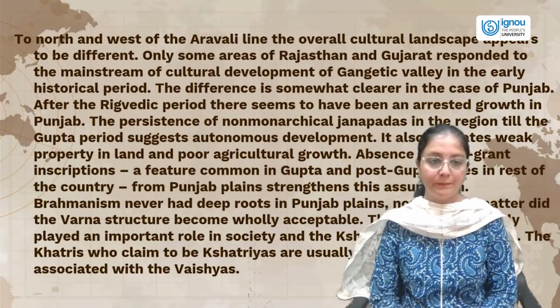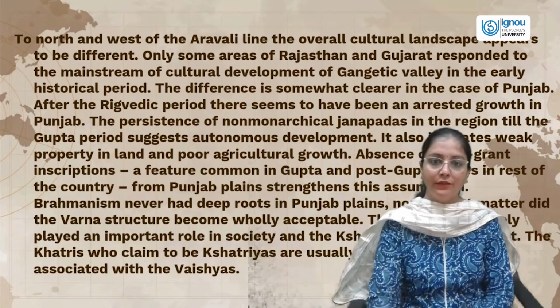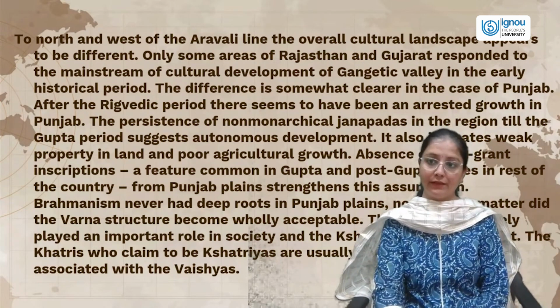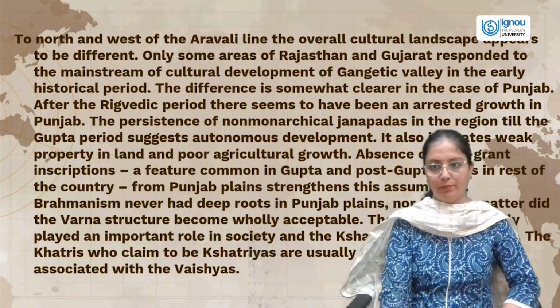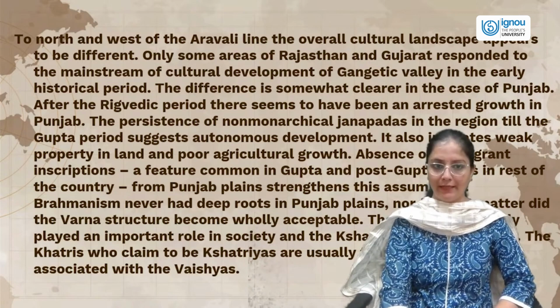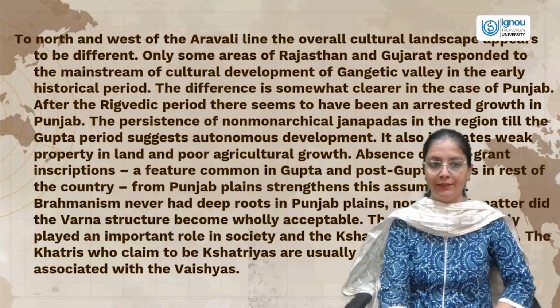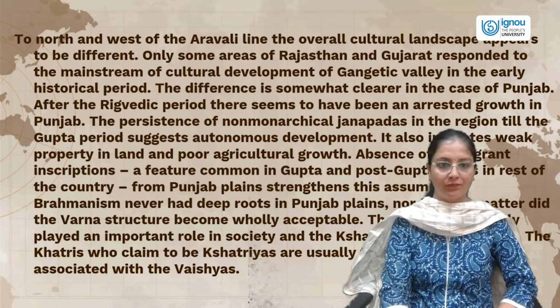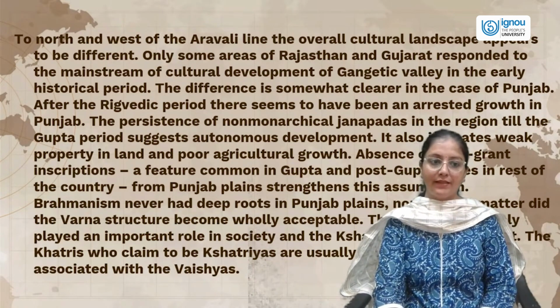The pre-existence of numerous Janapadas in the region till the Gupta period suggests autonomous development. It also indicates weak property in land, poor agricultural growth, and absence of land grant inscriptions, a feature common in Gupta and post-Gupta times in the rest of the country.